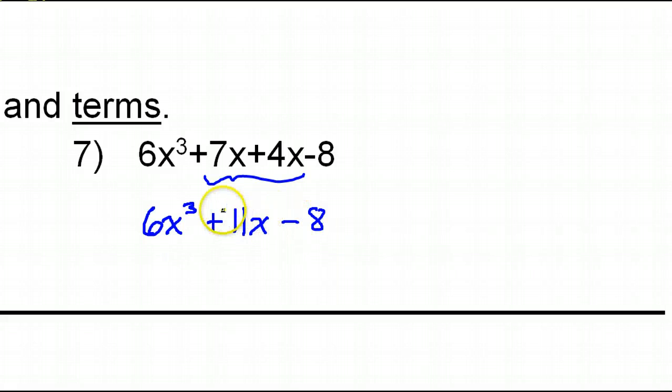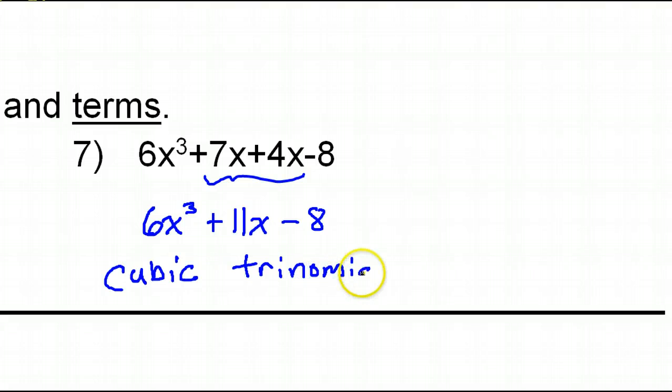Now you can see that instead of the 4 terms that it at first looked like it had, it's really only 3 terms. So first we'll name it according to the degree. Since the degree is 3, we will call it cubic. And since there are 3 terms, it is a trinomial. Okay, so this is a cubic trinomial.